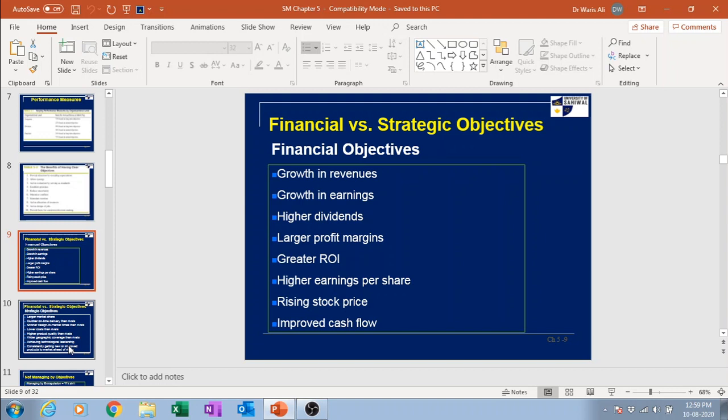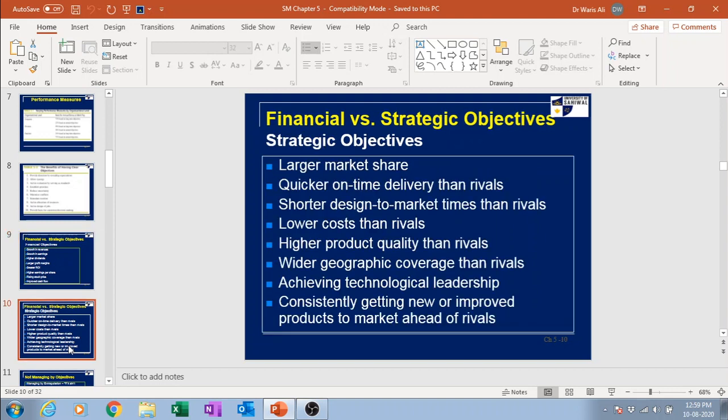We are aiming for a 20% increase in dividend. We want to increase our profit margin by 3%. We want to increase our return on investment by 5%. This means you are defining your objectives in financial, monetary terms. So these are called financial objectives.